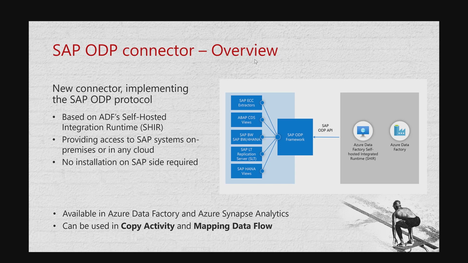So when you use it in a copy activity, you basically get the raw change feed as it comes from the ODP framework. We offer data flow templates, which help you process the changes in the right order, doing the deletes, updates, and inserts in the right order, and so on. With the integration in the mapping data flow, all of this comes out of the box. So that's basically a much simpler experience.